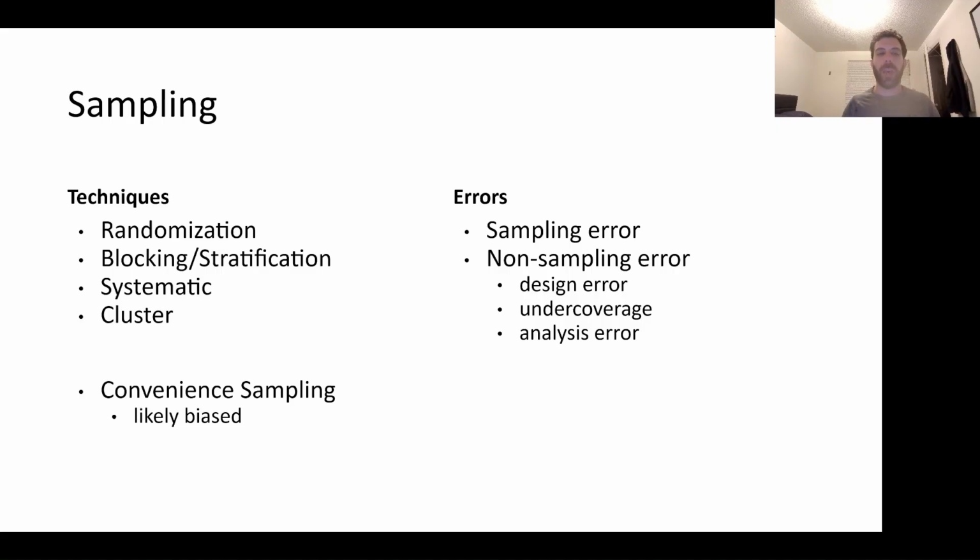A couple other approaches. There's cluster sampling, which is not as powerful as randomization or blocking, but can be more convenient. So the idea behind clustering, and I've seen this happen many times. Last semester I taught a CMDA capstone, and they wanted to learn about the opinions of college students as it relates to using AI in their homework.